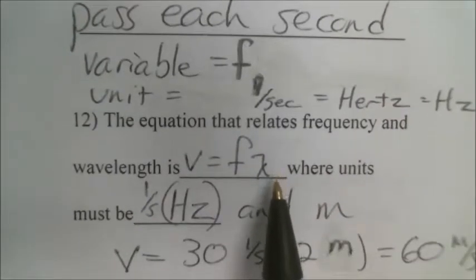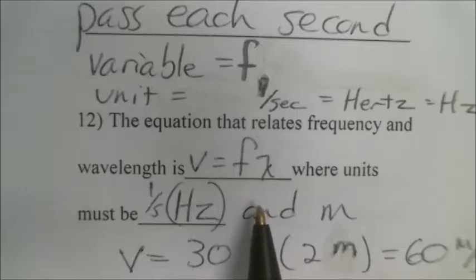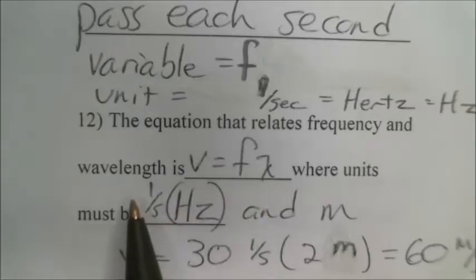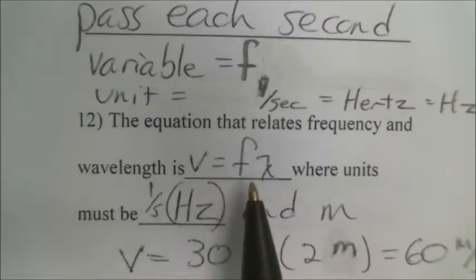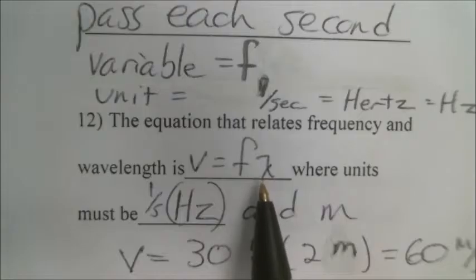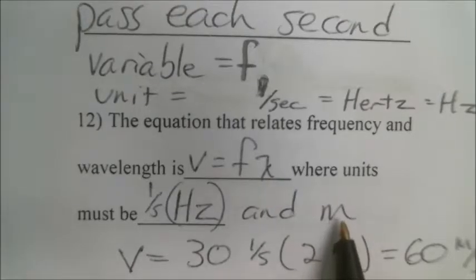And we have to have the special units in order for everything to cancel out and combine correctly. The frequency has to be in the units of 1 over seconds, or in other words, hertz. And the wavelength, or lambda, has to be in the unit of meters.